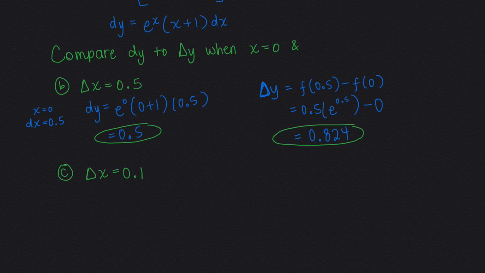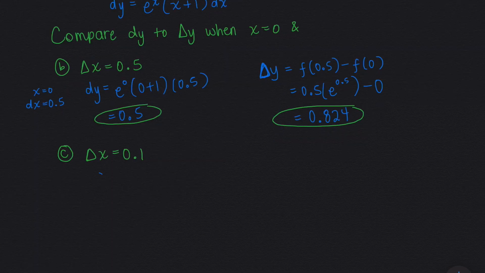So let's see what happens when we make our delta x a little bit smaller. We'll start again with dy. So dy is equal to, notice we're plugging in 0 for x and 0.1 for dx. So we have dy is equal to e to the 0 times (0 plus 1) times 0.1, or 0.1.